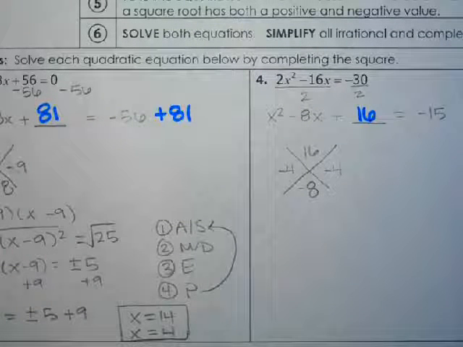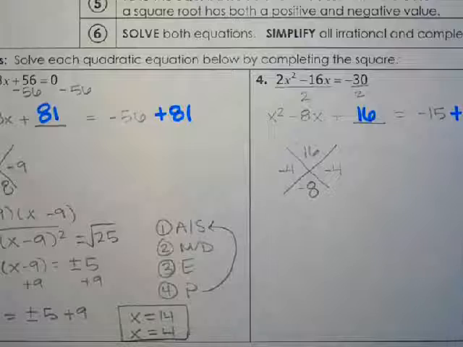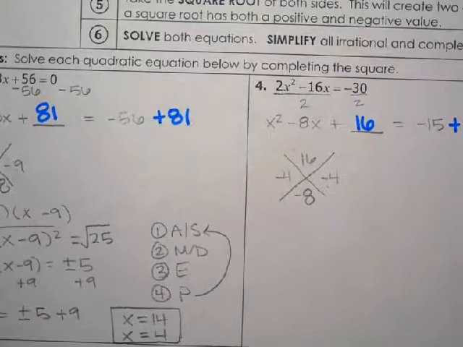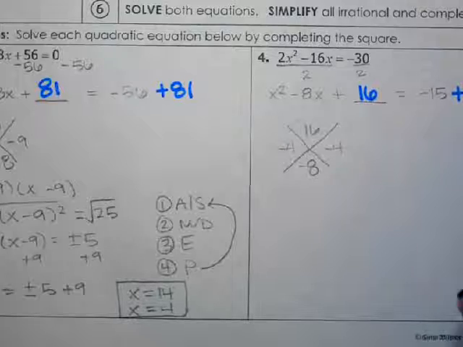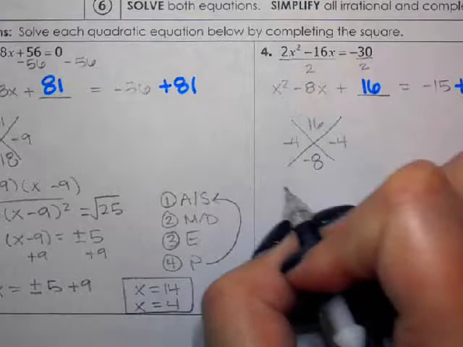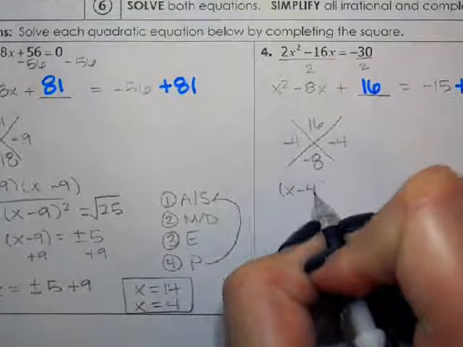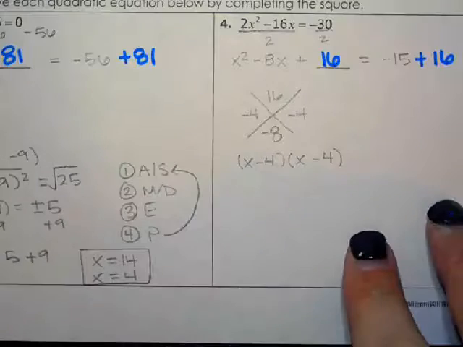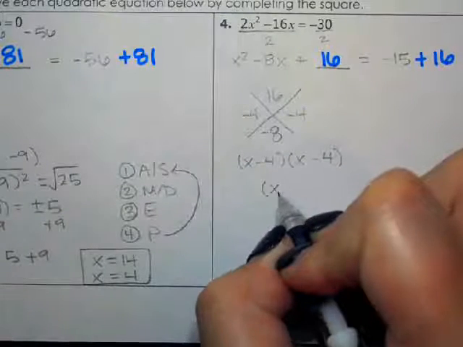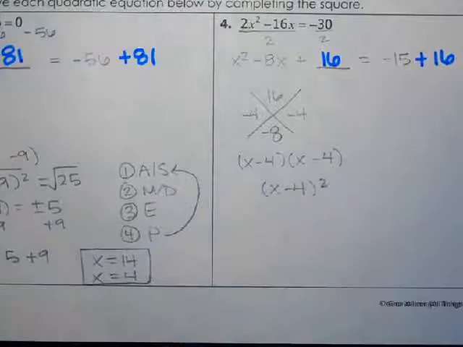Okay. So when I factor the left side, what do I have? x minus 4, x minus 4. And how can I shorthand that? x minus 4 squared. Okay, and what do I have on the right side? 1. Okay.